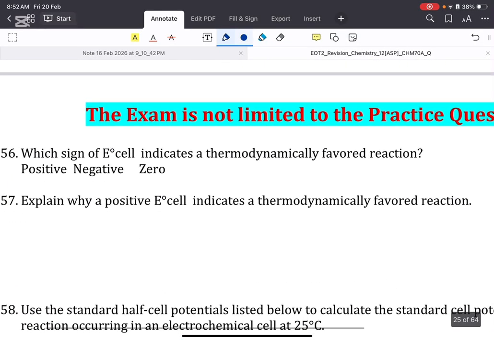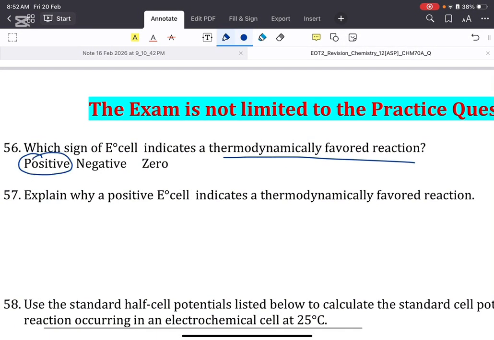So, which sign of E cell indicates a thermodynamically favored reaction? Positive. And for negative, it is non-spontaneous. 0, we have it when we are dealing with a concentration cell, and the concentrations of the two half cells are equal to each other.